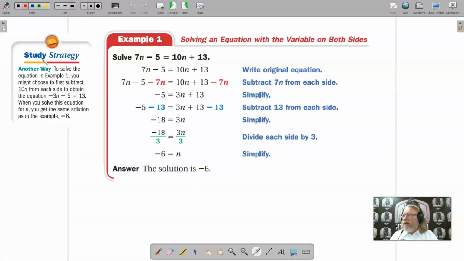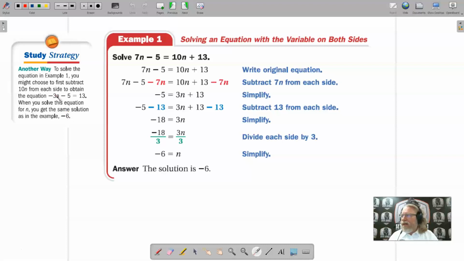Now, looking over here at the study strategy, there is another way to do this. To solve the equation in example 1, you might choose to first subtract 10n. So what if we took away 10n from each side? You would obtain the equation -3n minus 5 equals 13. When you solve this equation for n, you get the same solution as in the example.